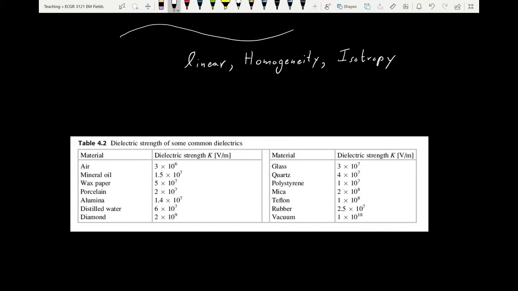Okay, so this sounds like arcane jargon, but it has a specific meaning that is simple to explain, and I'll explain it shortly. And then finally, we have to talk about dielectric strength, and then start talking about interface conditions.